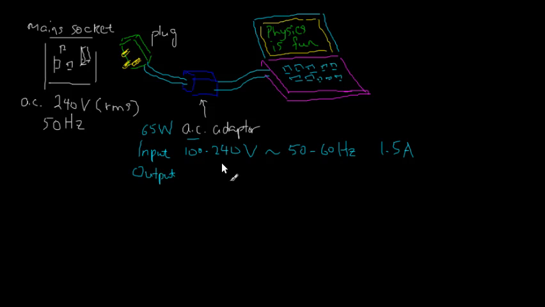And it says 19.5 volts. Then there's a line. Then there's a dashed line. 3.34 ampere. Now, I'm guessing that the straight line here means direct current, means DC.